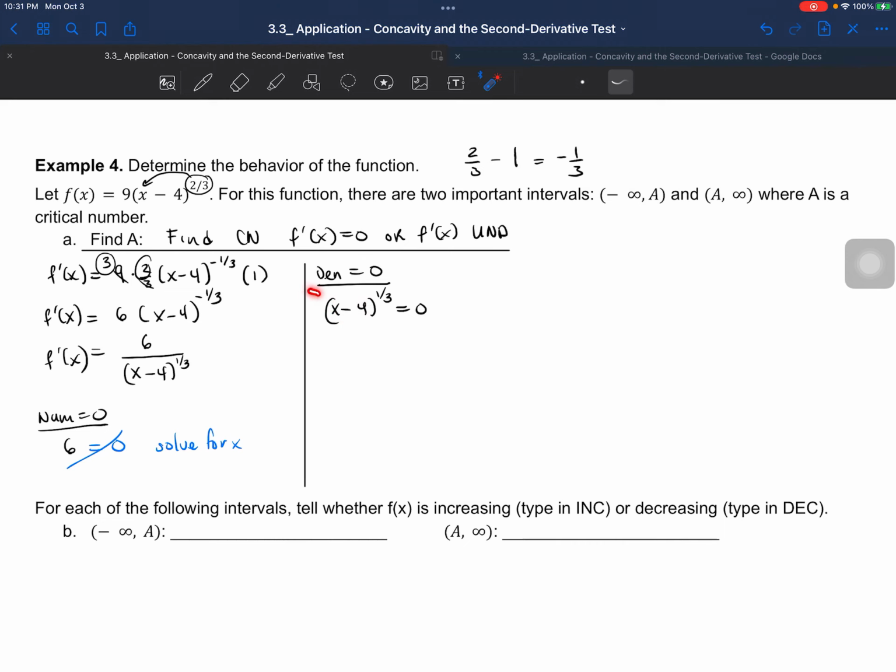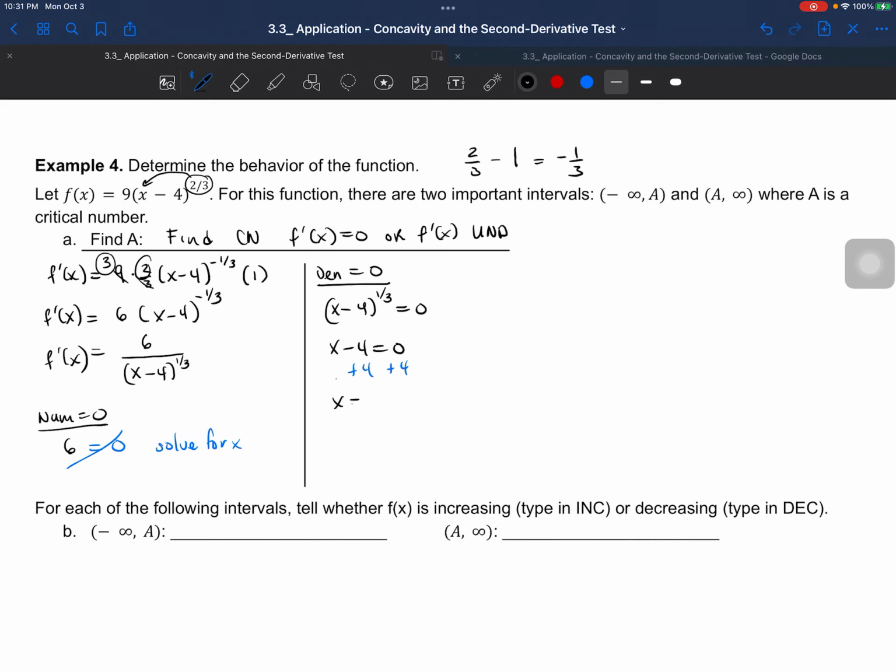So 0 to the 1/3 is going to give you 0. Another way you can think about it is just do the third power on both sides of the equation, right? Take the third power. That way we cancel the two powers, and now you have x minus 4 equal to 0. Right, so either way, it's just whatever is inside the power, inside the exponent.